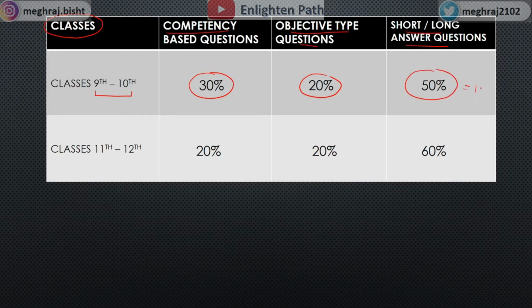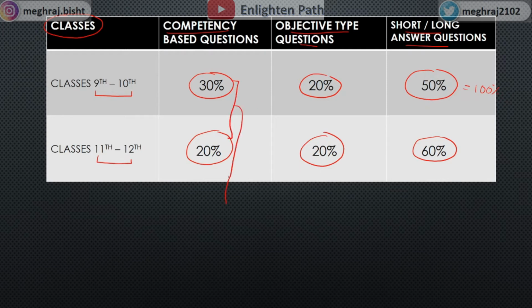So this will be a total of 100%. But for class 11th and 12th, the CBSE has introduced 20% competency based question, 20% objective type, and 60% long short answer questions.